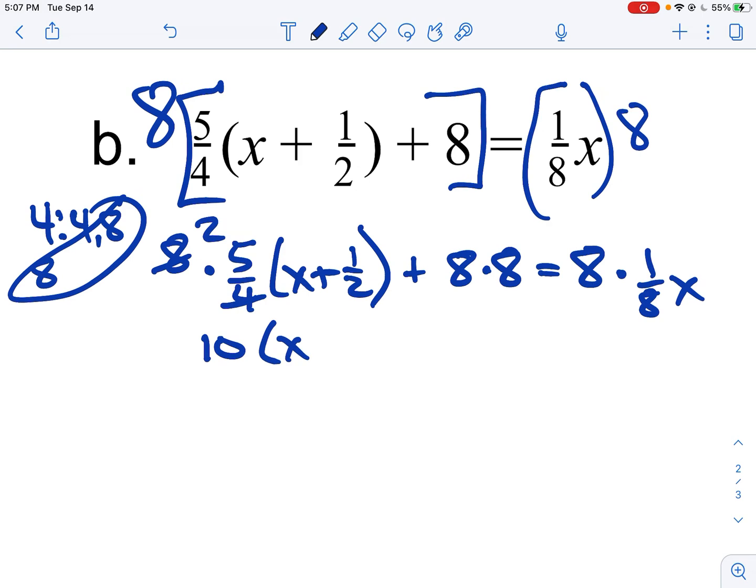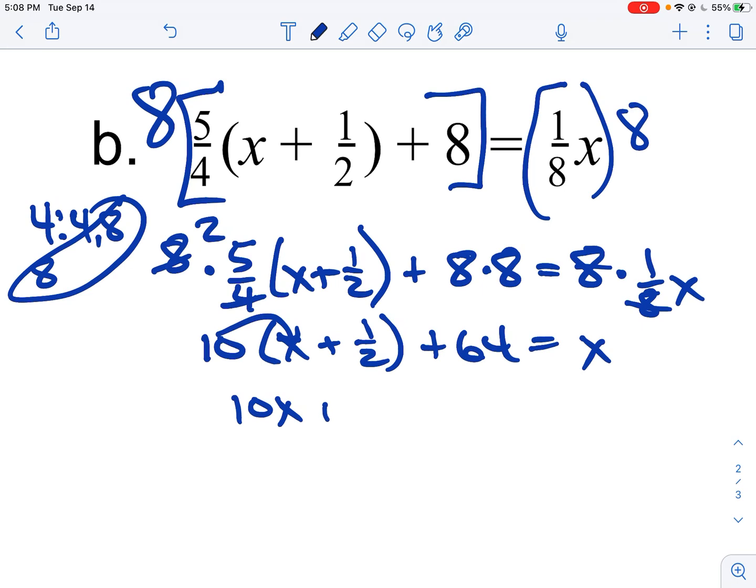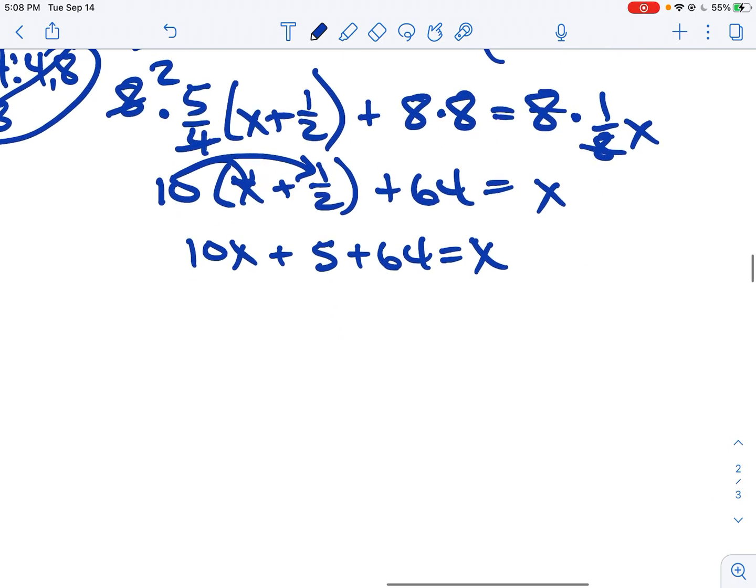So that's 10 times x plus 1/2 plus 64 equals, these 8's cancel, so I have x. 10 times x would be 10x. 10 times 1/2 would be 5 plus 64 equals x. So 10x plus 69 equals x.